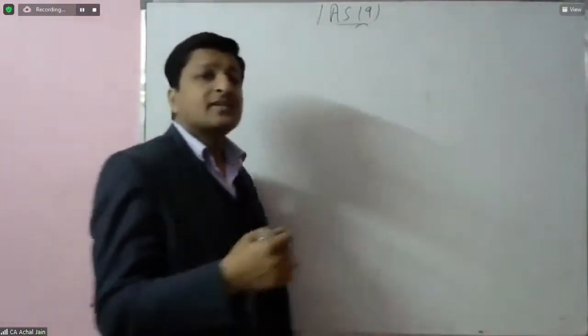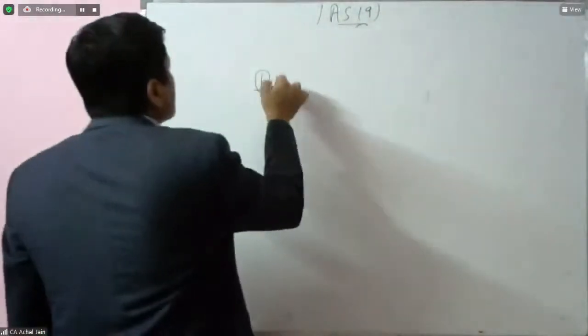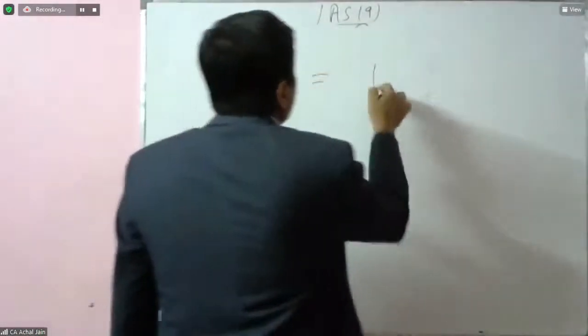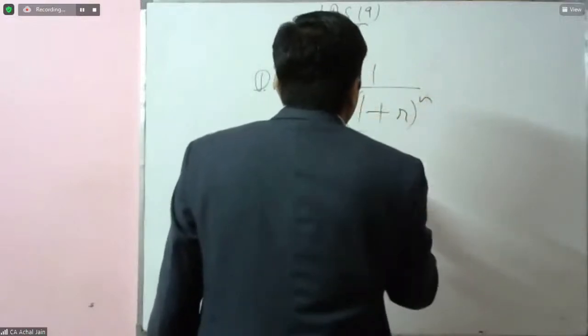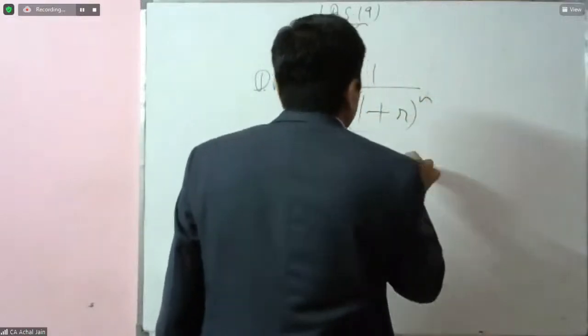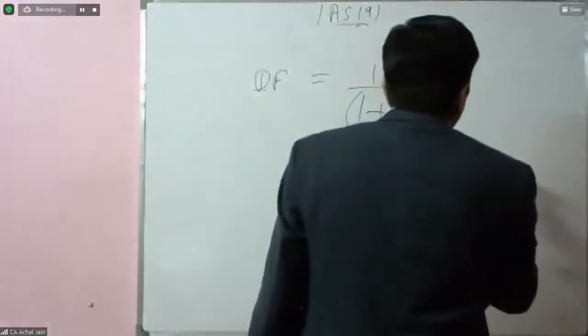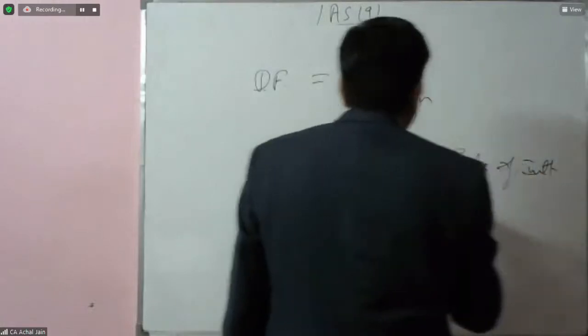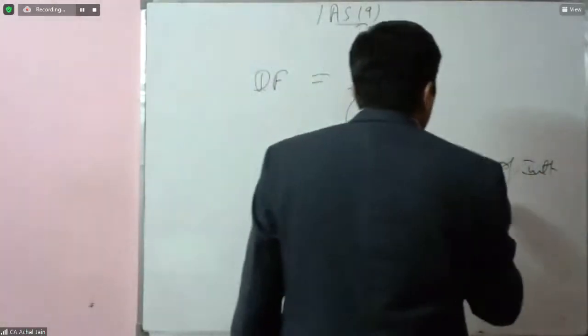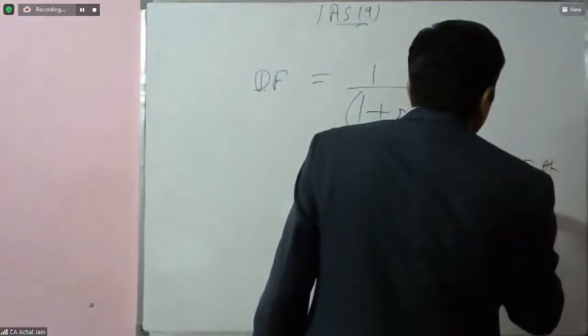For getting the discount factor, you take 1 divided by 1 plus r raised to the power n, where r is the rate of interest and n is the number of periods.